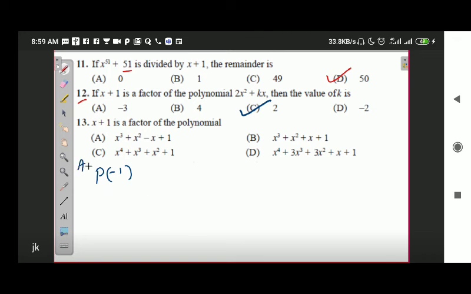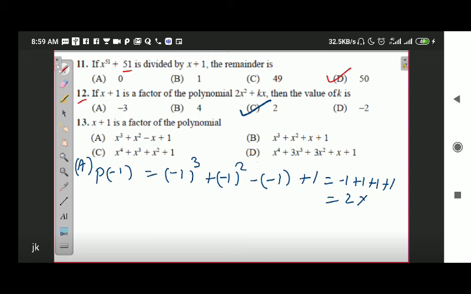For A part, p of minus 1 will be minus 1 cube plus minus 1 square minus minus 1 plus 1. So this will be minus 1 plus 1 plus 1 plus 1, 2. That is not equal to 0, so this is not a valid answer. Let's try B part.